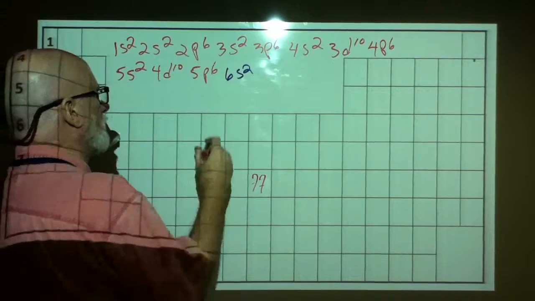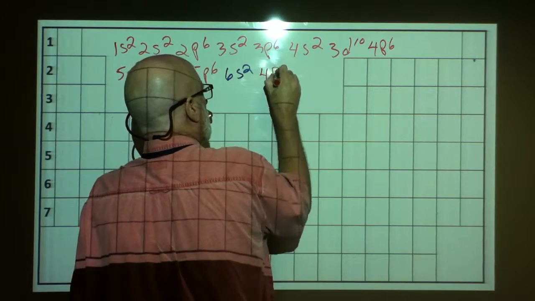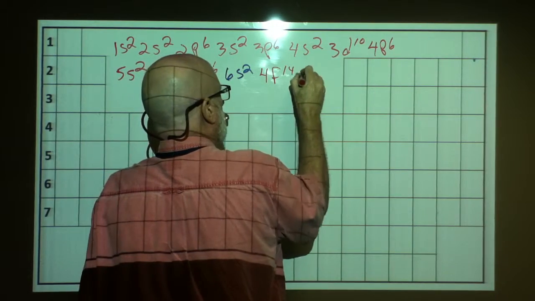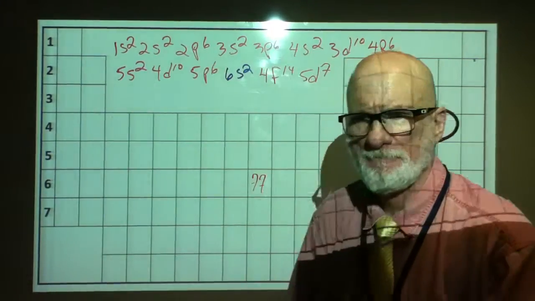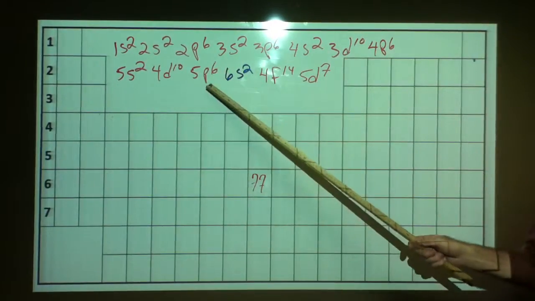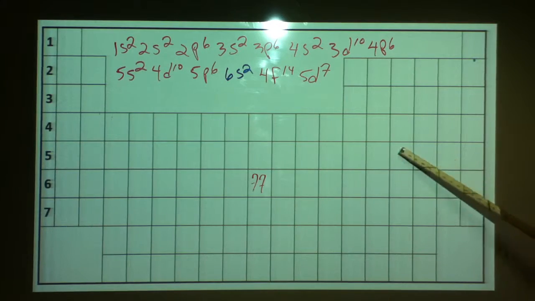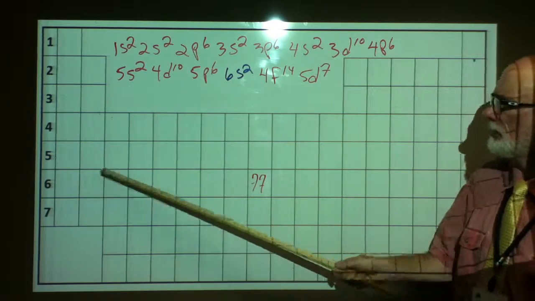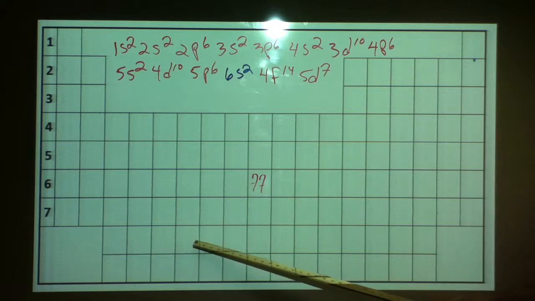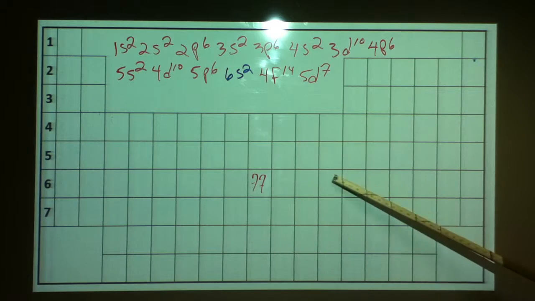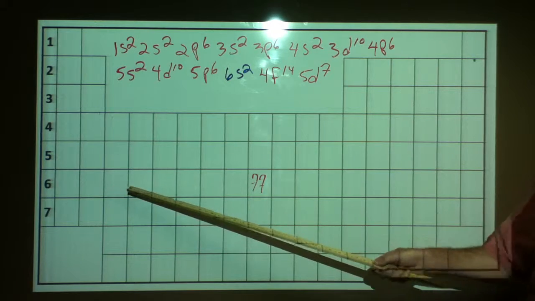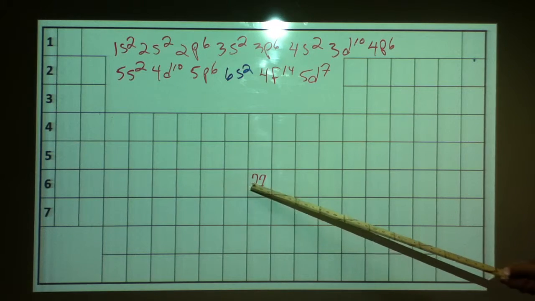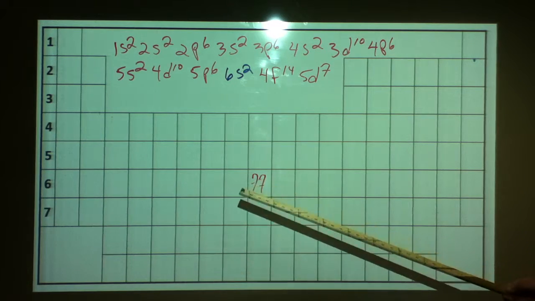And then I do 4f14, 5d7. Is that right? 5d7? Yes? So 5p6 here, 6s2, 4f14, right? And then 5d, 1, 2, 3, 4, 5, 6, 7. Is that right? Are we done?